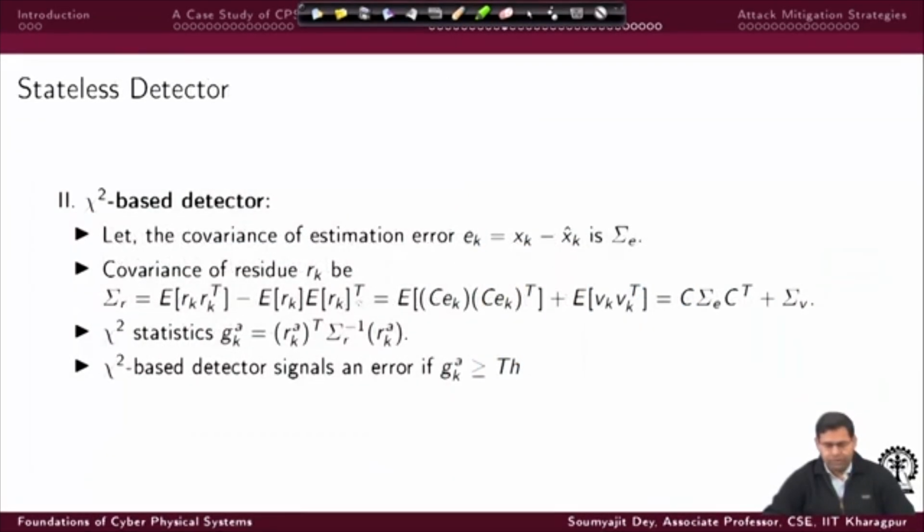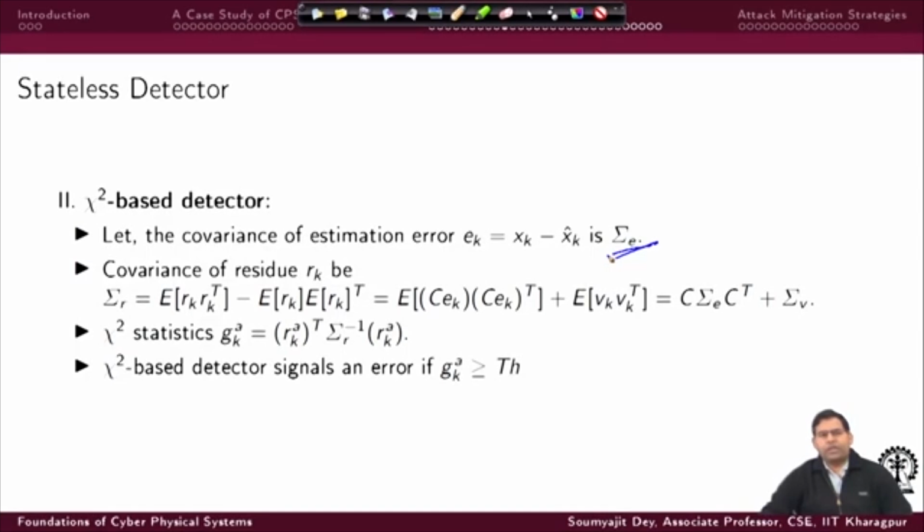So, if I consider r_k, it is like C times the error over the kth instance, where the estimation error e_k in that instance is given by the actual value of the state minus the estimate, that is x_k hat. Let the covariance of this estimation error be given by this value sigma_e.